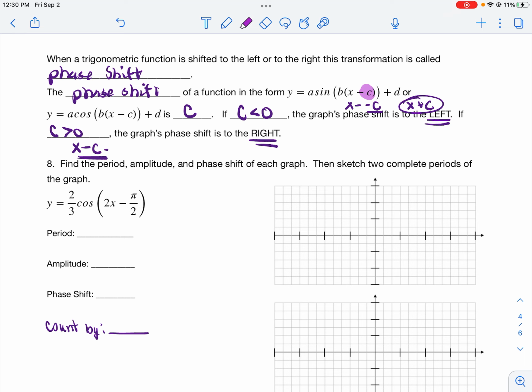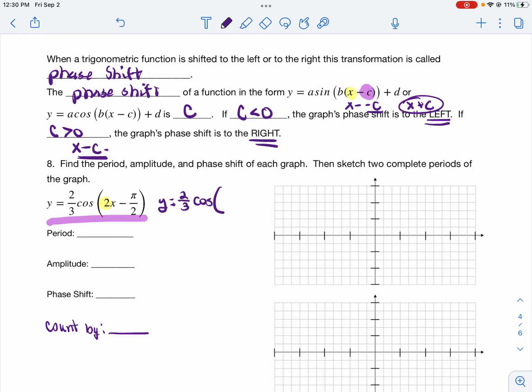Now for the first time, this function is not in transformation form. So this is the first one where we have to do some algebra to make it look like that. The key way I knew that this was not in transformation form is I noticed that the coefficient of x is not 1. The coefficient of x here is 2. So I have to rewrite so I can factor out that b.